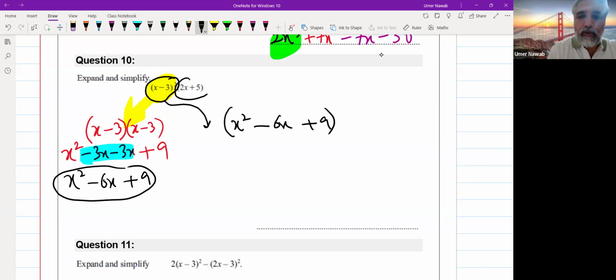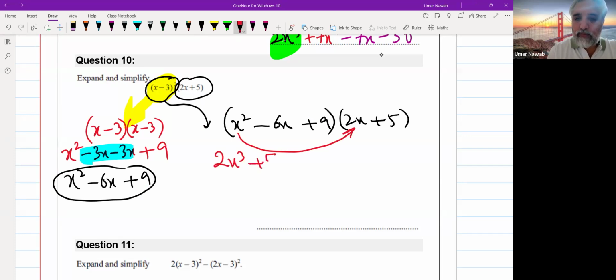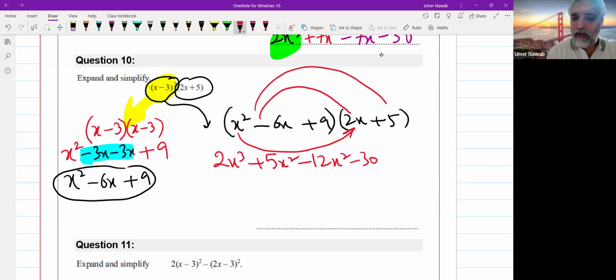And then I copy 2x plus 5. So this gives you 2x cubed plus 5x squared, negative 12x squared, negative 30x, plus 18x, plus 45.